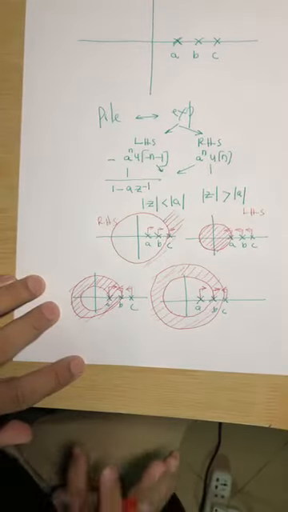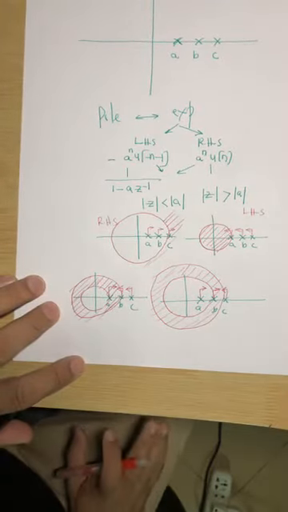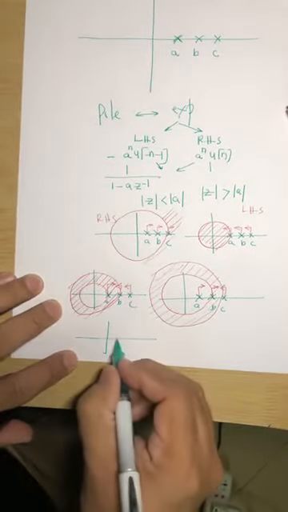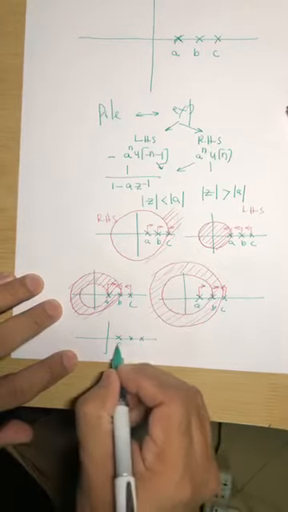And then there are many possibilities where the Z transform will not even exist.